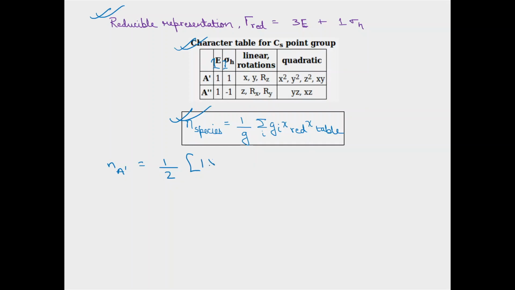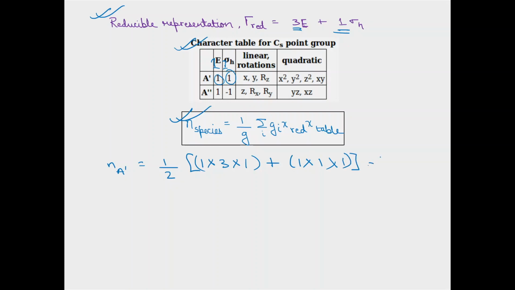So it is 1 into chi reducible, that is 3, into chi table, that is 1, plus, taking 1 by g common, for this operation again 1 into 1, since chi reducible is 1 and this character is again 1.